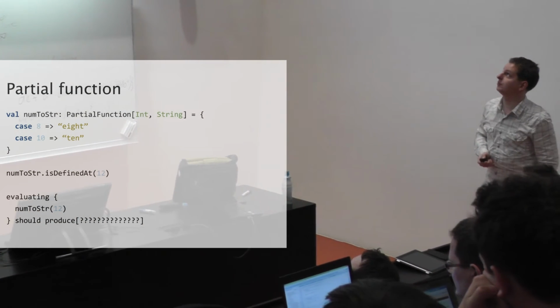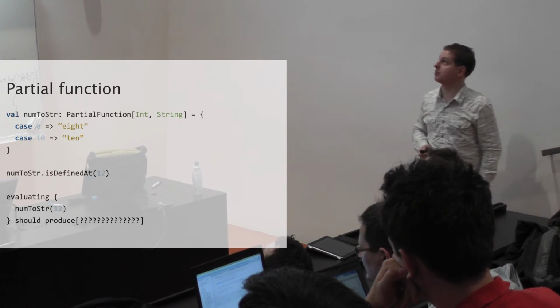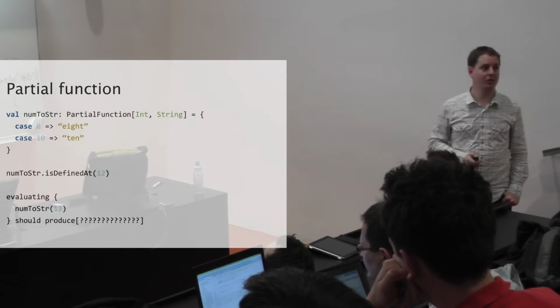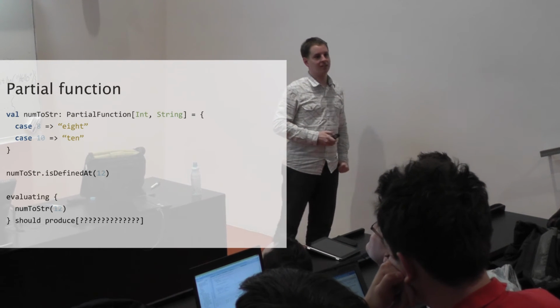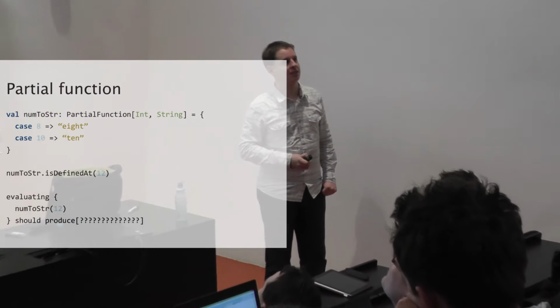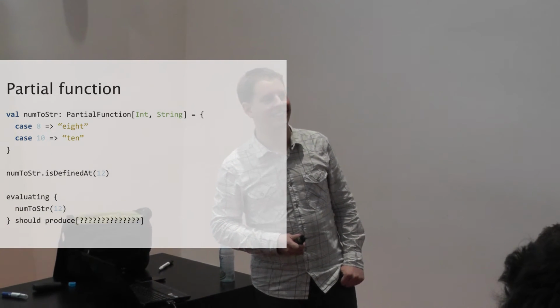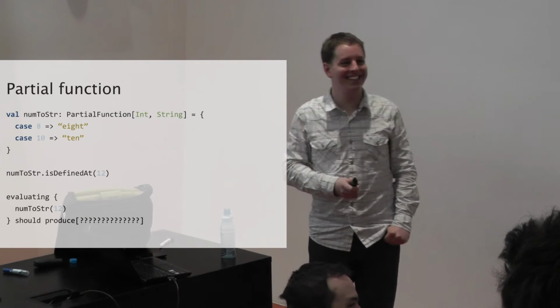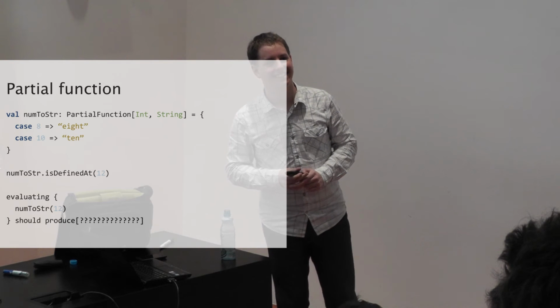Here is another use case of pattern matching, and it's called a partial function. What is a partial function? What does it mean? It's not a total function. Yes, and what does it mean? It's not defined on the whole set of inputs.